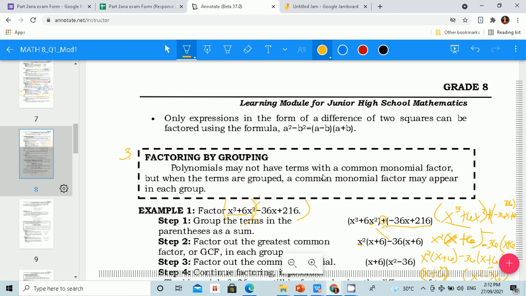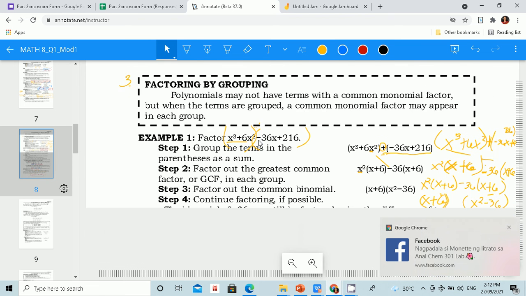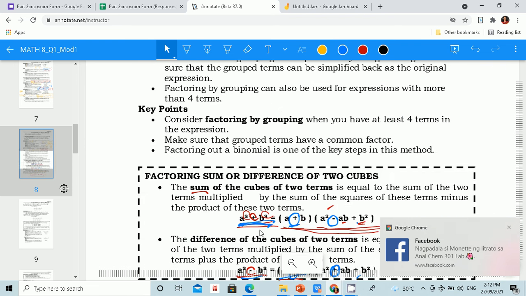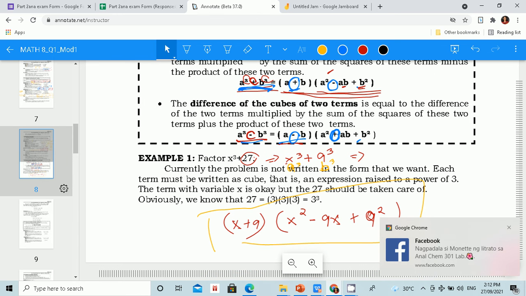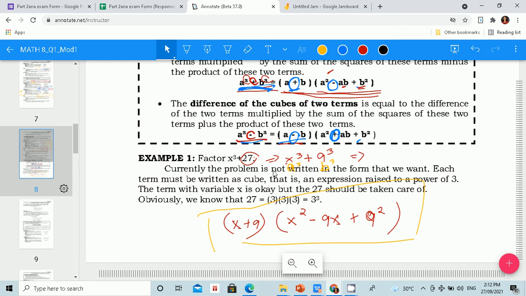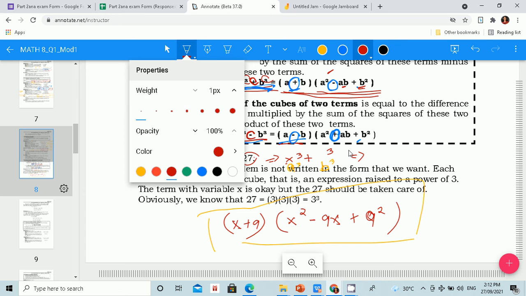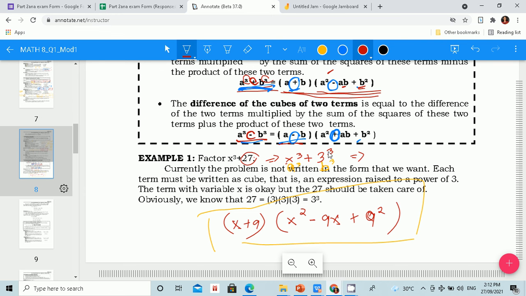Oh, class, wait, class. What's the cube root of 27? That is 3. Okay, so let's rewrite 3. So this is 3, sorry. 3 cube, 3 times 3 is 9 times 3, that is 27.